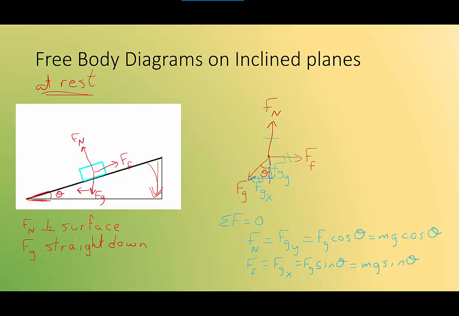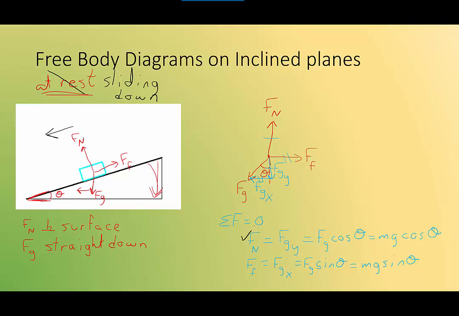But let's think for a minute, what if it was sliding down the plane? If it is sliding down the plane, then the forces are no longer equal to each other. In the y direction, they will still be equal because it's not taking off of the plane. It is not hovering in space. So the y forces must be the same.